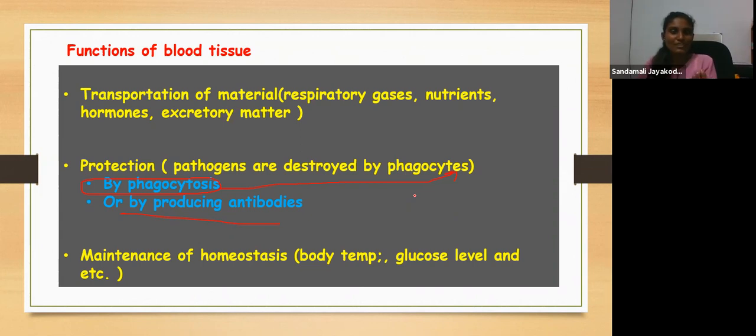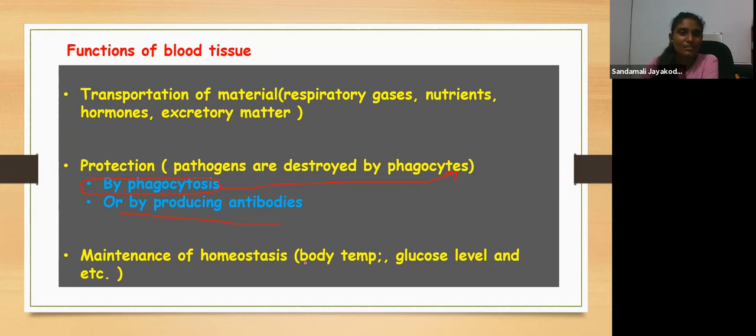The shape of the fingers changes due to the absence of blood supply to our fingertips. So that is for the control of the temperature of our body. There are many others, but that is the main function of homeostasis. So these are the functions of blood tissue.